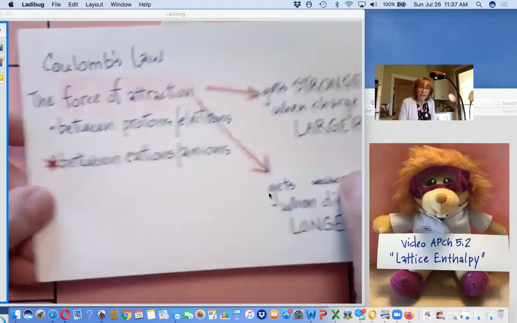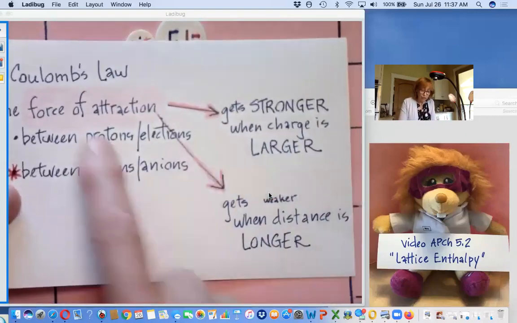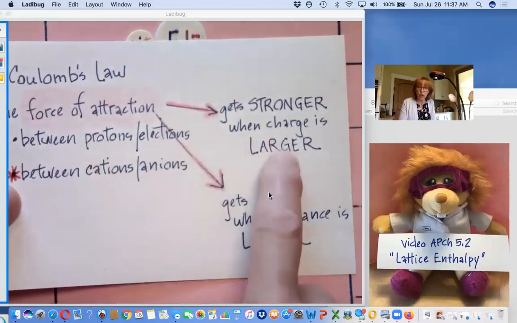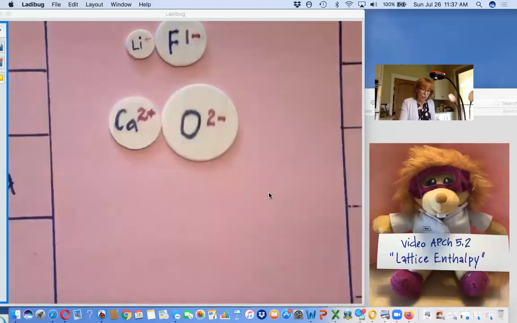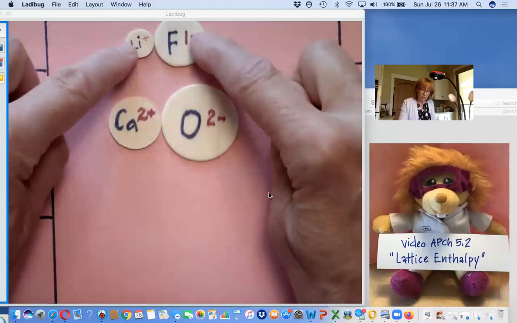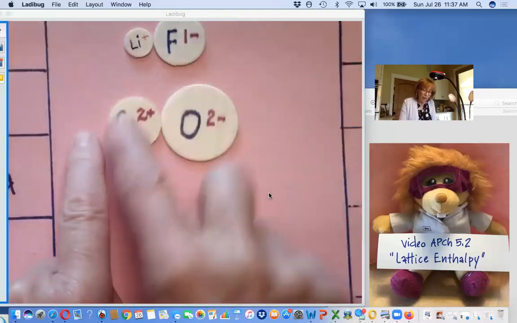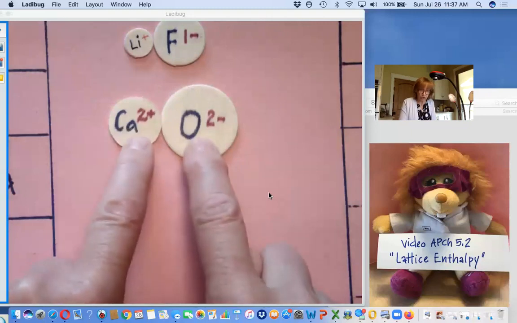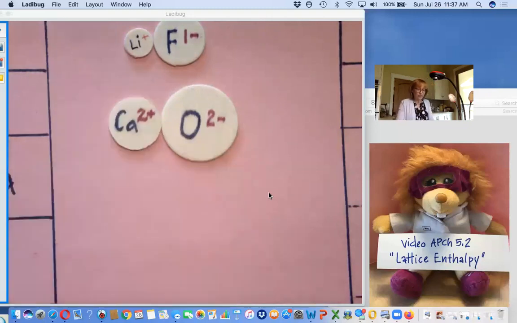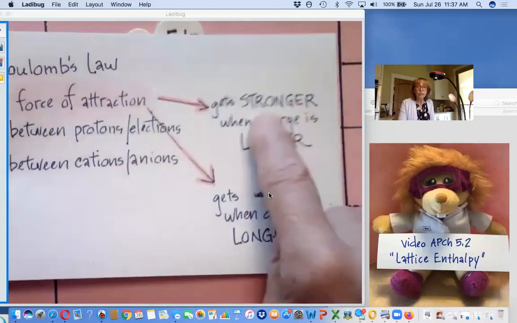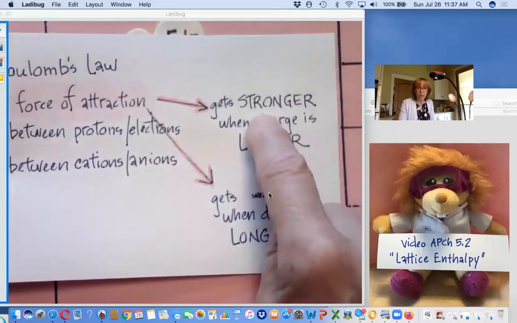Coulomb's law tells us that the force of attraction gets stronger when charge is larger. 1+ 1- or 2+ 2-. Okay, so this compound has the larger charges, and so force of attraction should be stronger for calcium oxide.